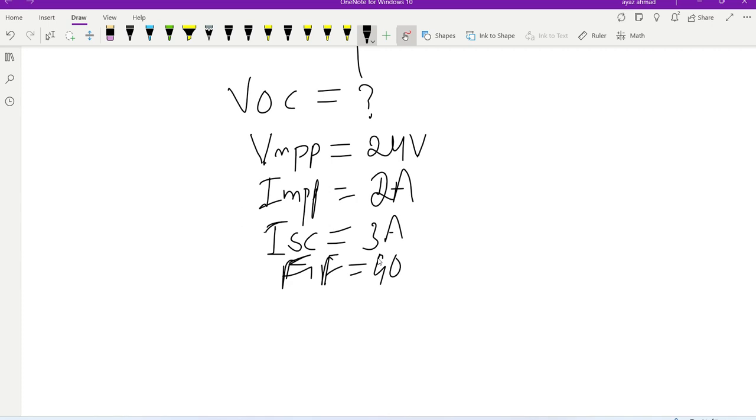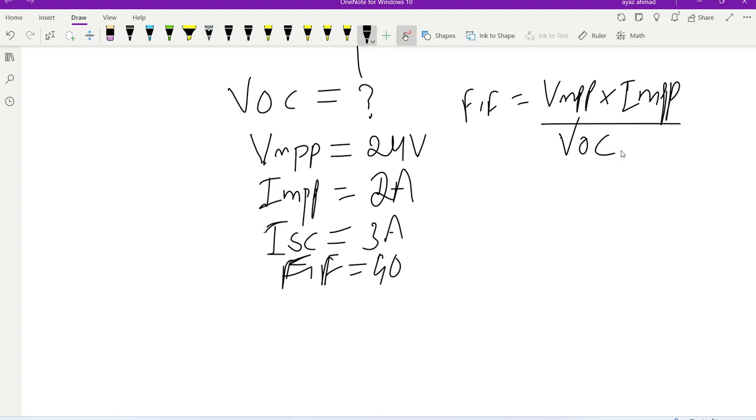As we saw, fill factor equals VMPP multiplied by IMPP divided by VOC multiplied by ISC.